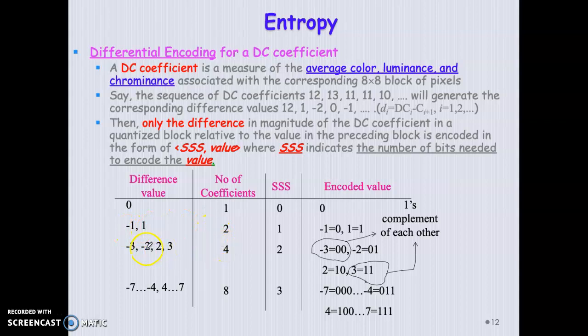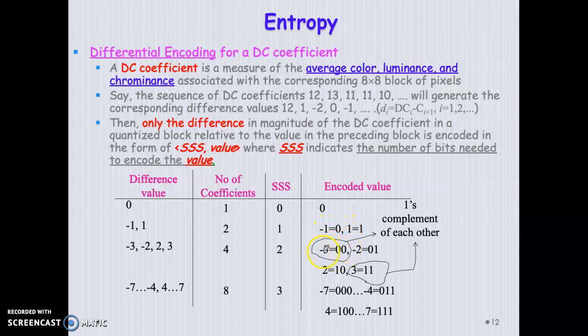If it is negative 2, 2, 3 or negative 3, the number of coefficients is 4, so you will need 2 bits to represent this sequence.